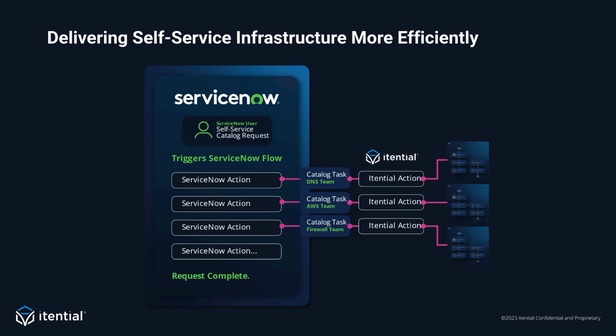Now they have the ability to build their own workflows, modeling the existing processes. And now we can connect these two teams together. They expose through APIs and publish those workflows. They being the infrastructure teams working in Itential, and the ServiceNow teams building flows can now call those directly through Itential Actions.